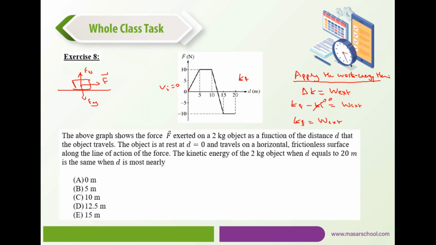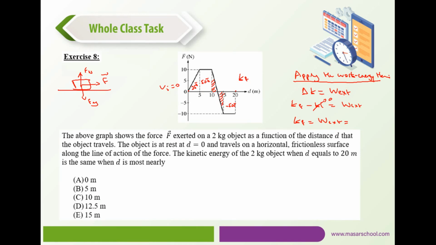Now let's calculate the value of K at d equal to 20 meters. That would be equal to the work done by the external forces. Previously we determined this to be 25 joules, and this is 50 joules. Now what about this triangle here? Here it would be minus 50 joules. And what about these two triangles? No need to worry about them because one of them is positive and the other is negative, so they can be completely ignored.